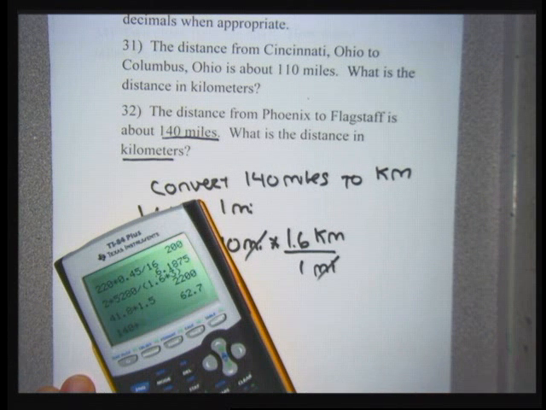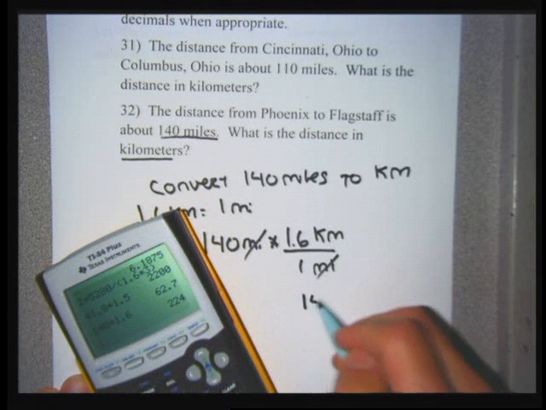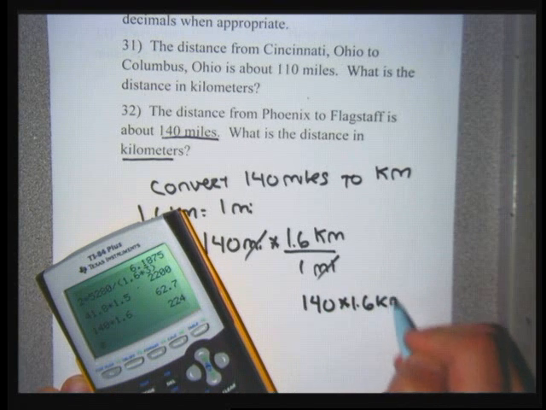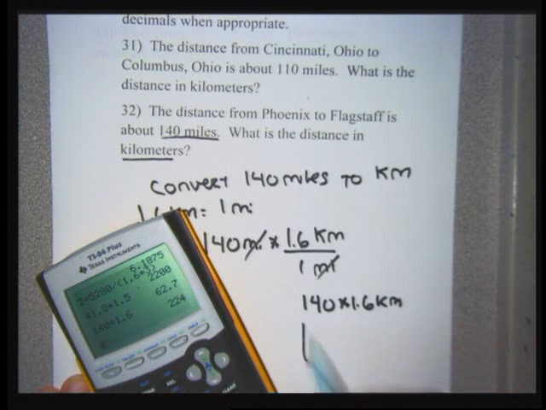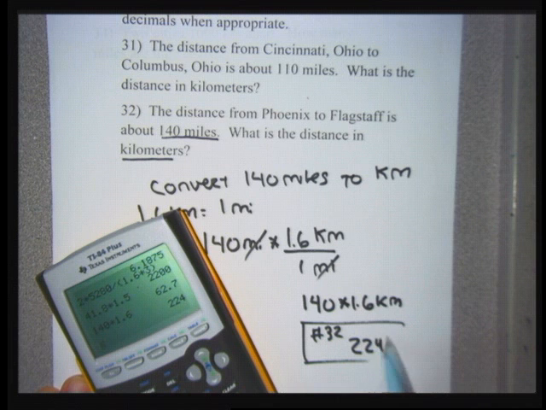So I'm getting a little bit lazy because I think hopefully I've done enough of these that you realize that I didn't take the time to write 140 times 1.6 kilometers is what I needed to do here. My answer for number 32, Phoenix and Flagstaff are 224 kilometers apart.